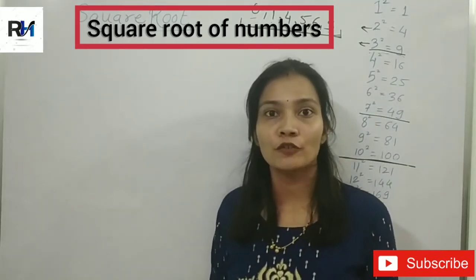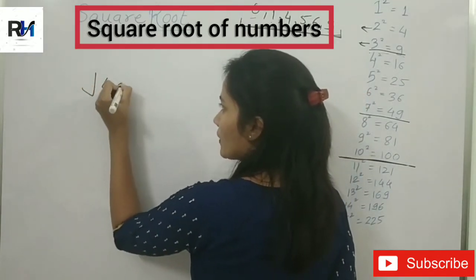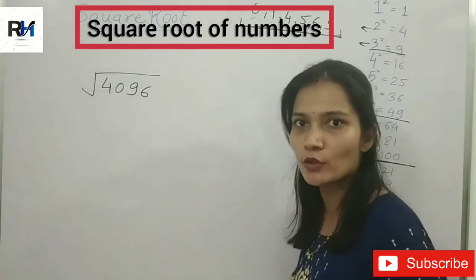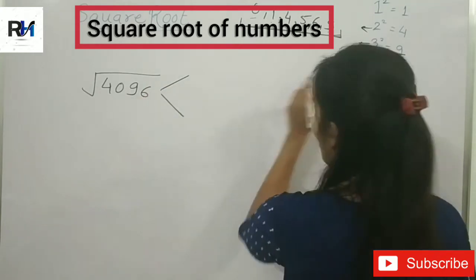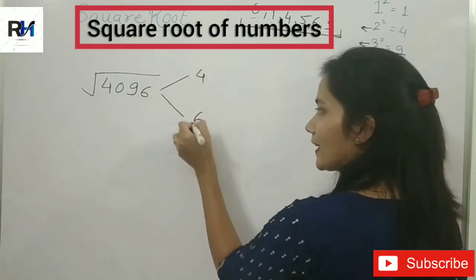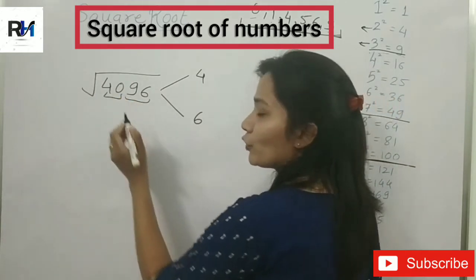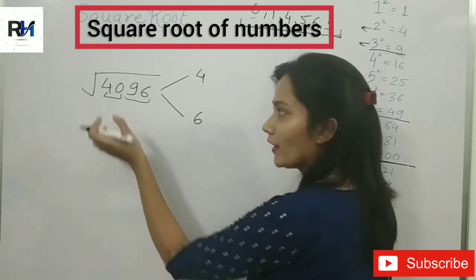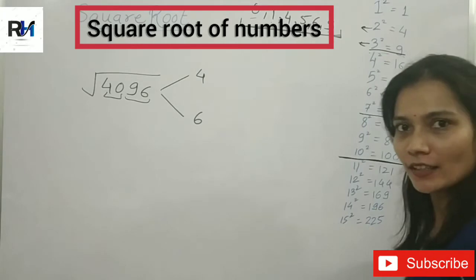Let us take a 4-digit number also. Suppose 4096. We want to calculate the square root of 4096. What will we do? We see the last digit 6, so 4 and 6 again. Then group: we have to group the last two digits, and now we see 40. 40 comes between 6 and 7.